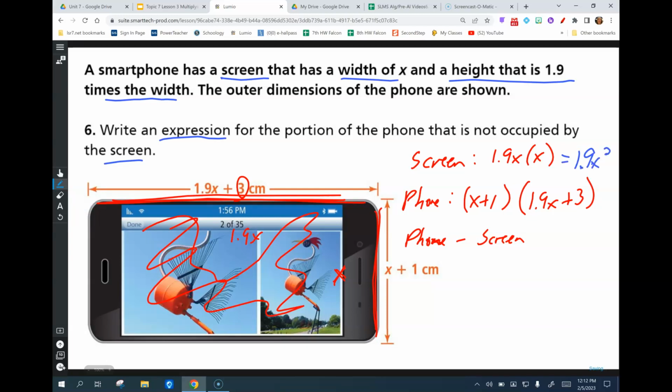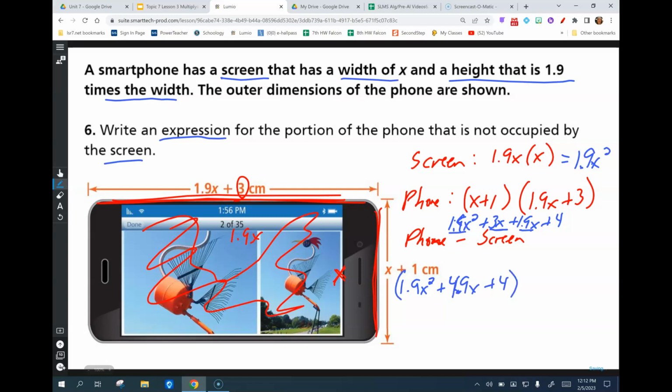Okay? Then I would multiply this part, so that would be 1.9x squared plus 3x plus 1.9x plus 4. So my phone is 1.9x squared plus 4.9x plus 4. So I took my phone, combined my like terms.